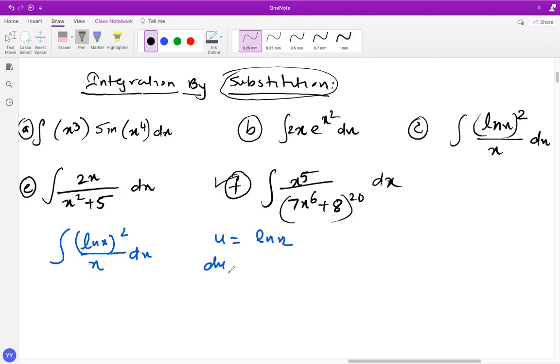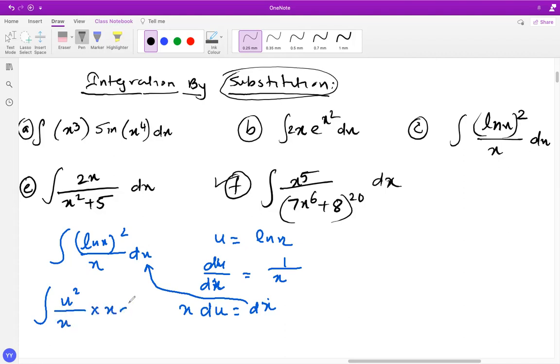Now here, once again, you do the similar procedure. du by dx is going to be 1 over x. So dx, if I make it the subject here, x du will be equal to dx. And in place of dx, if I plug in x du, what we get is u square over x times x du.